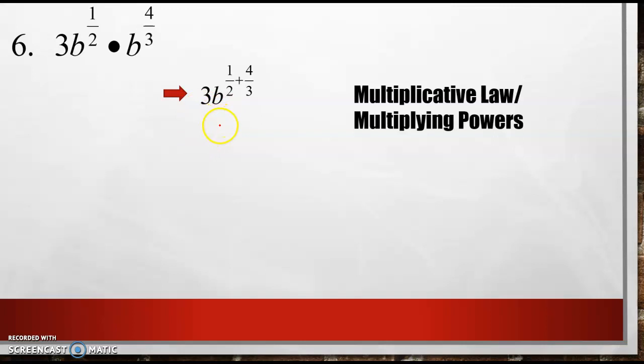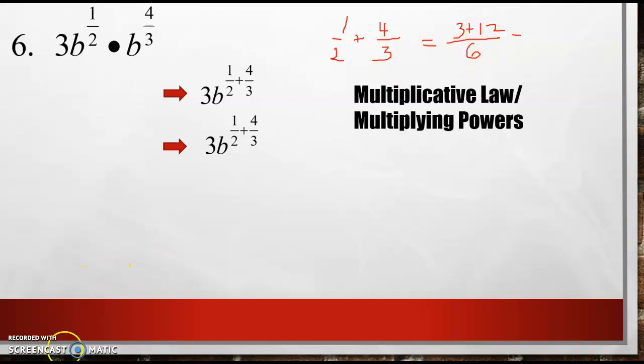You're just going to look for the common denominator of 1/2 and 4/3. Okay, so the common denominator is 6. Then you're going to take 6 divided by 2 times 1, so 3. 6 divided by 3 times 4 is 8.